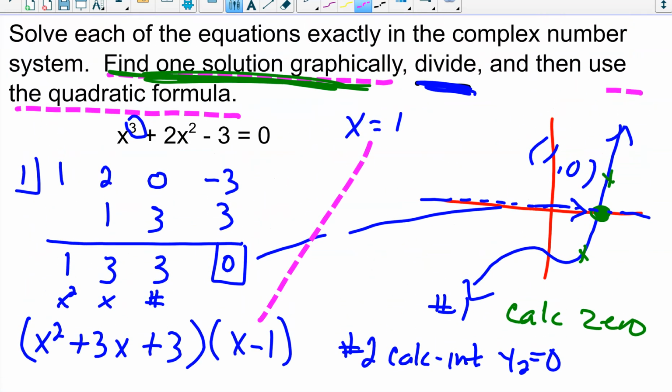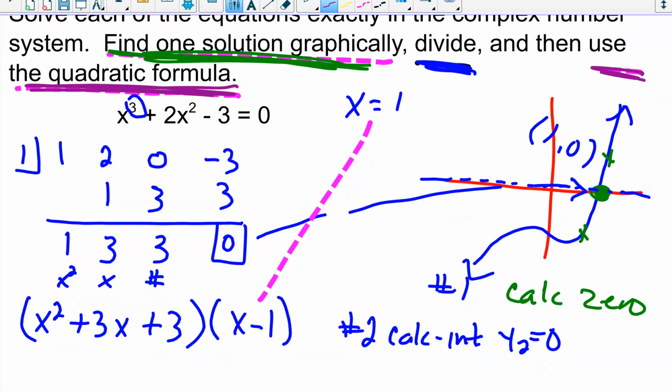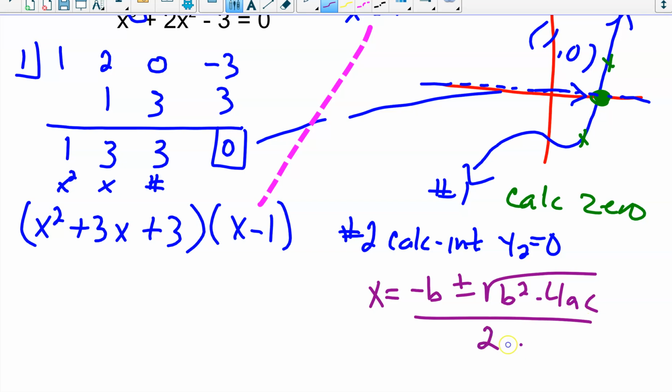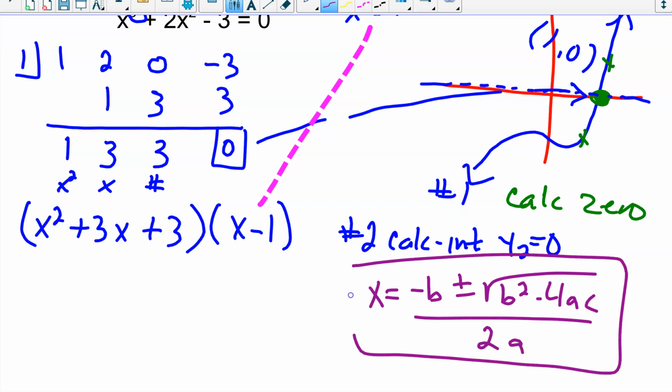Okay, so I did the second part of this. My third part says, then use the quadratic formula, which you should all know, but I'll go over it. Quadratic formula really quickly is x equals negative b plus or minus the square root of b squared minus 4ac all over 2a. You have to have that memorized. So I'm just going to put that in a box for you so you remember that.